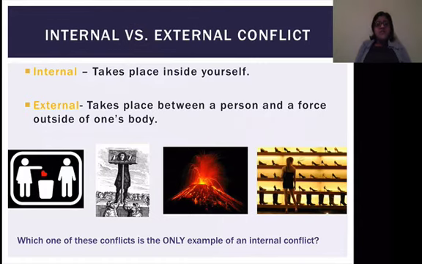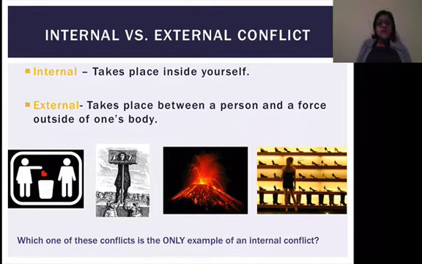So there are 4 types of conflict: character versus character, character versus nature, character versus self, and character versus society. And then among those, right, there's internal and external conflict. So internal conflict takes place inside yourself. External conflict takes place between a person and a force outside of one's body.